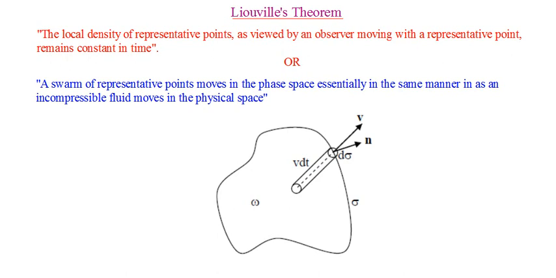So we are interested in studying the flow of representative points in the phase space. And in order to do that, we depend upon the quantity known as the density function, which we have defined as a function of q, p and t.